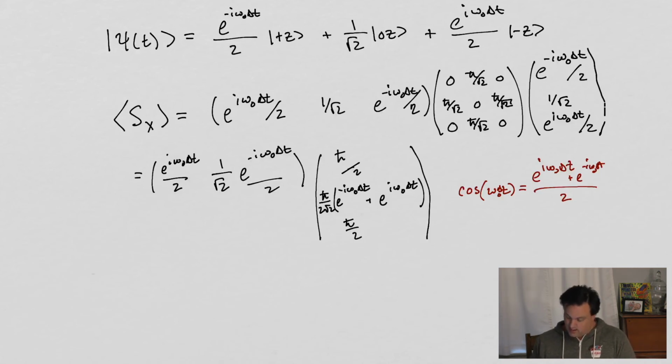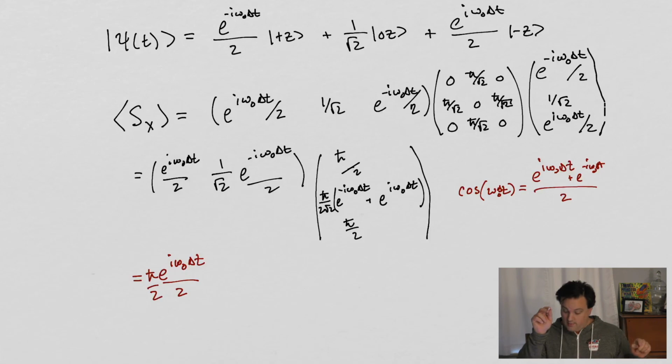Okay, so I have e to the i omega naught delta t over 2. Then that's going to be multiplied by h bar over 2. That's the first one. I won't skip the second one, I'll just write it over here. I have plus h bar over 2, because of the square root of 2's, times the cosine of omega naught t.